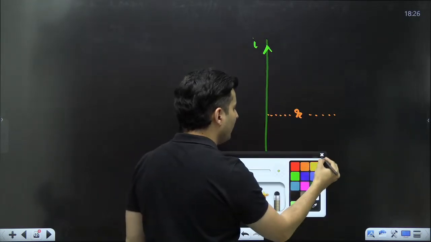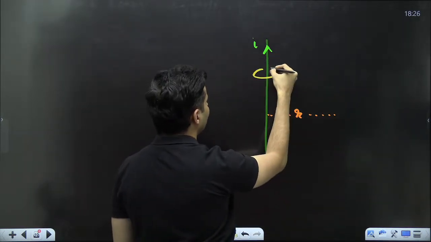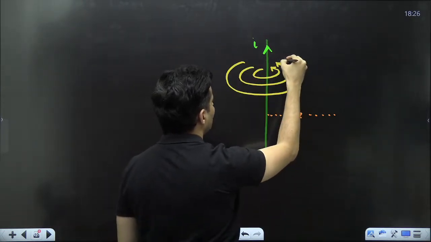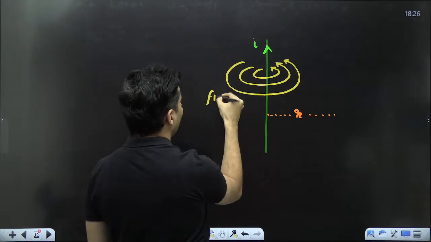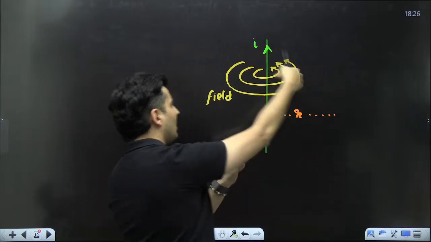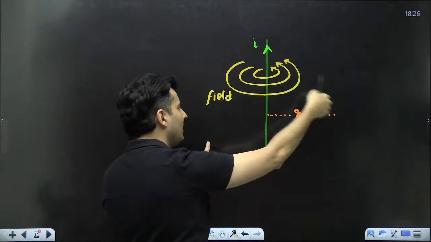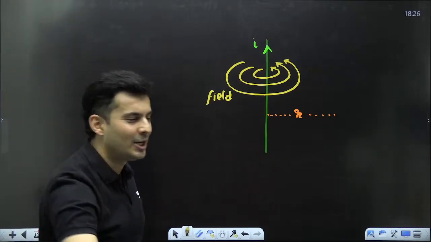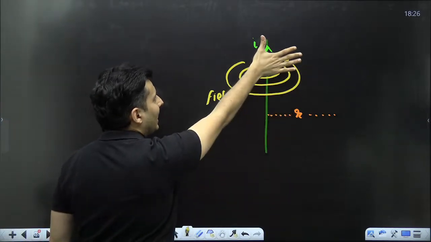will create magnetic field around it, something like this, concentric circles. This is how the magnetic field will look like. So at this point the field is going in and from there it is coming out. And you can see why that should happen. You can use again your right hand rule. Place the thumb in the direction of the current.